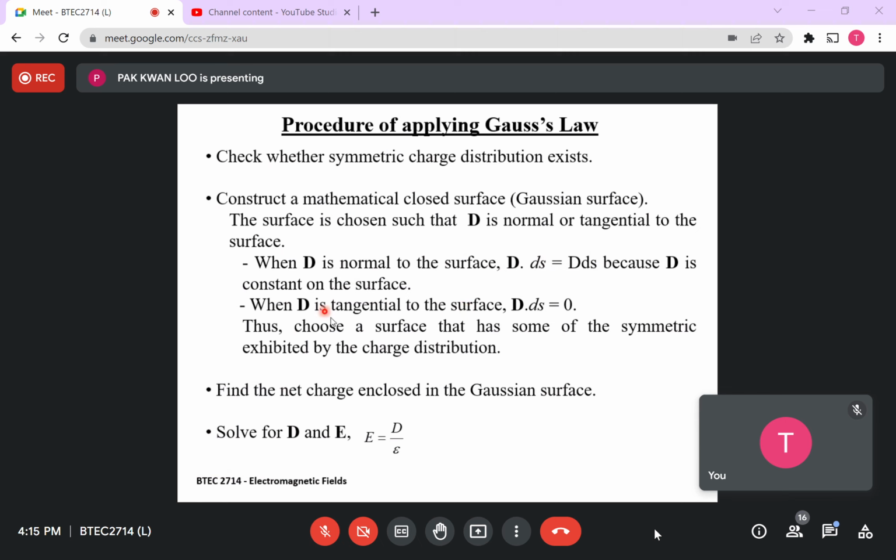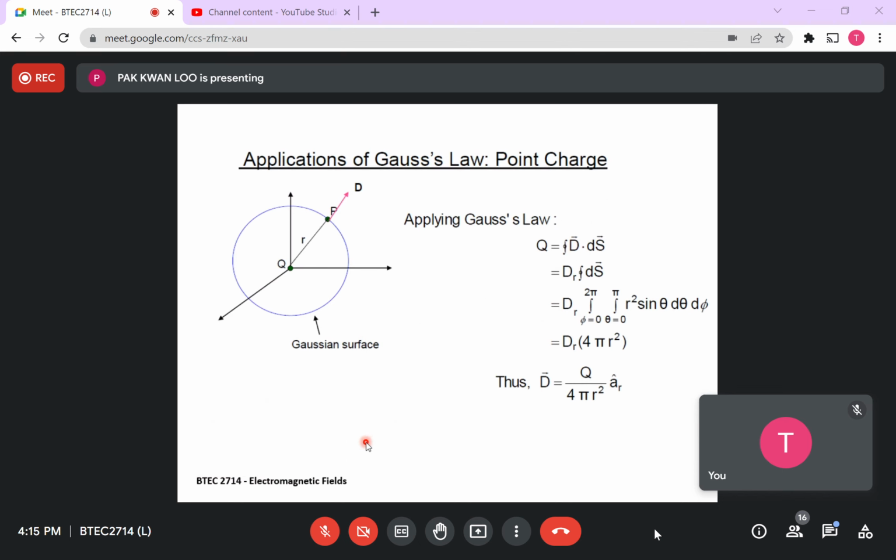When D is tangential to the surface that we chose, then it equals 0. Therefore, we have to choose a surface such that the symmetry exhibited by the charge distribution. And finally, find the net charge enclosed by the Gaussian surface and solve for D and E. Okay. So we look at the first application, a point charge.